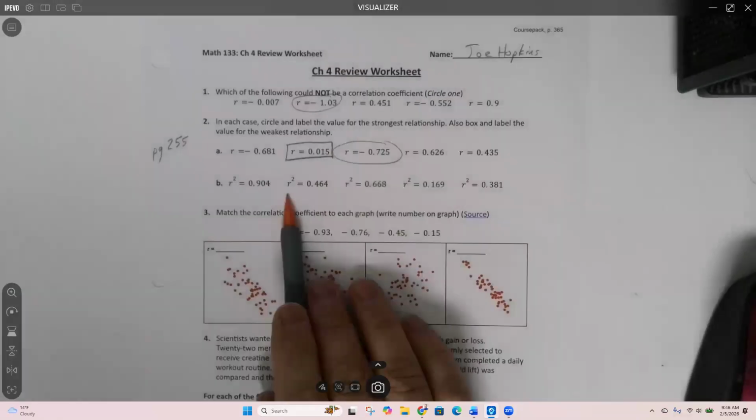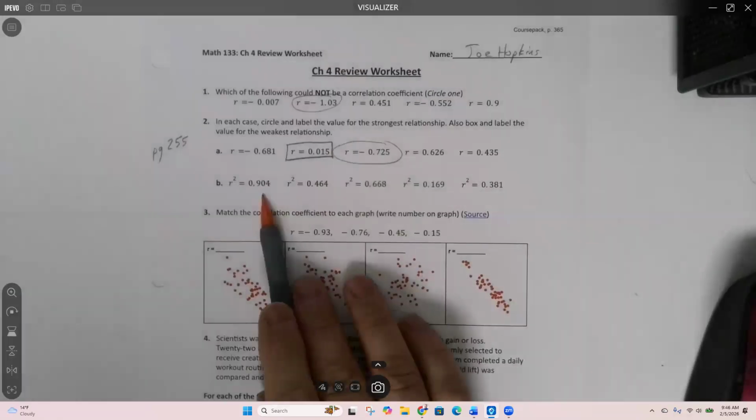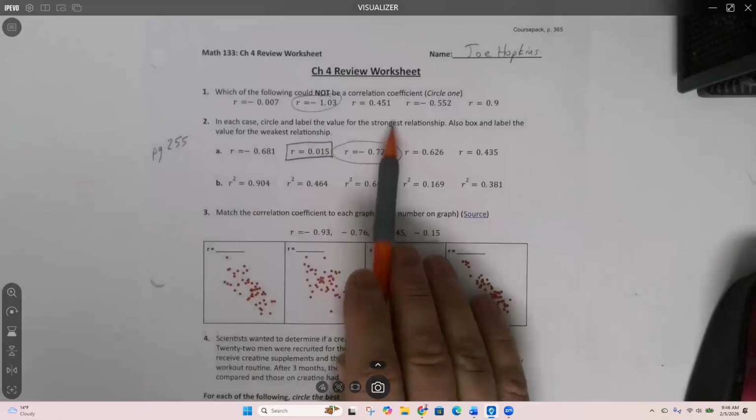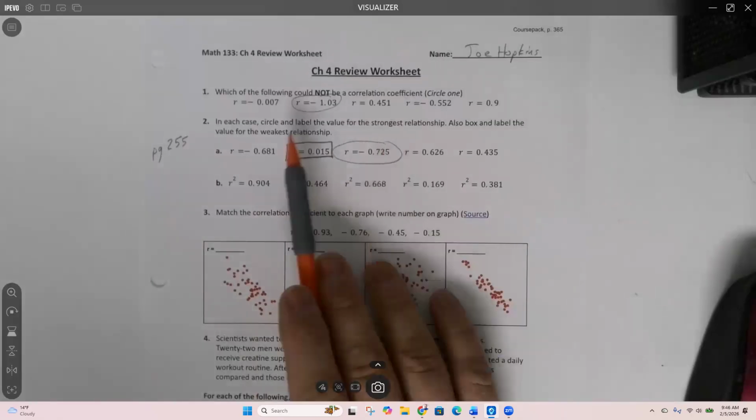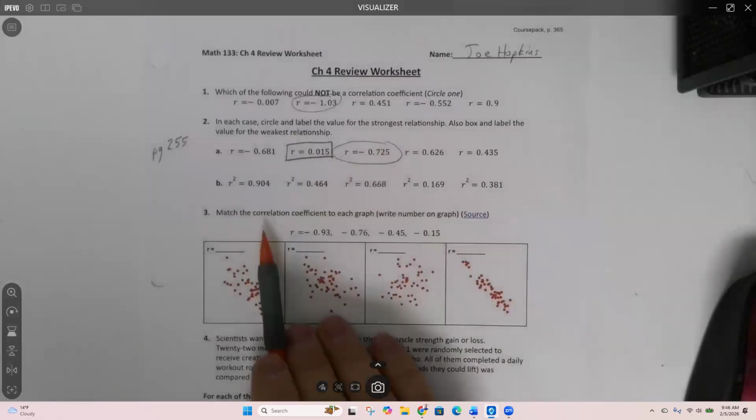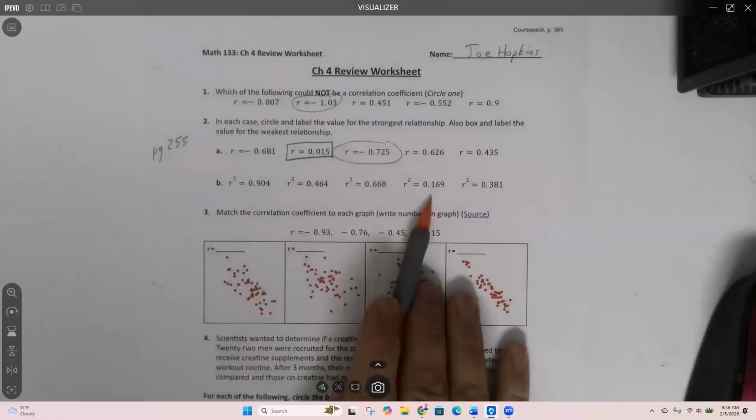But R squared, the coefficient of determination, is always going to be a positive number because, again, when you square a negative, it has to become positive. But we can still look at it and determine which one is the strongest relationship, which one is the weakest. And it's still based on which of these is the highest number.